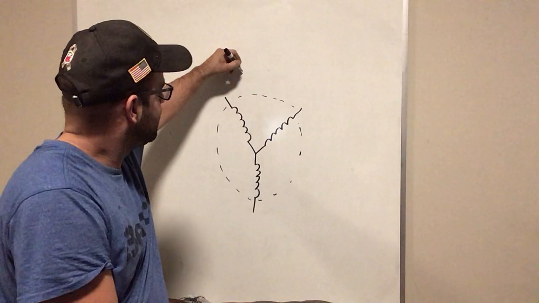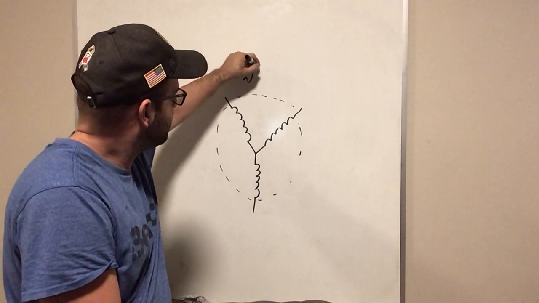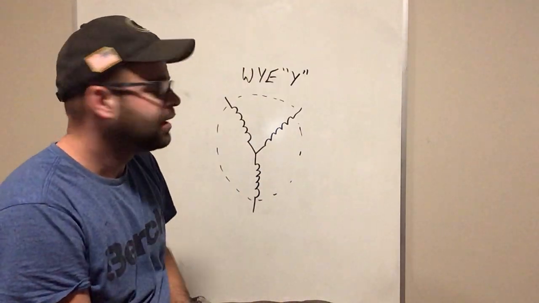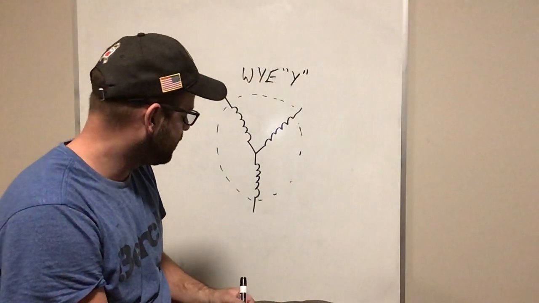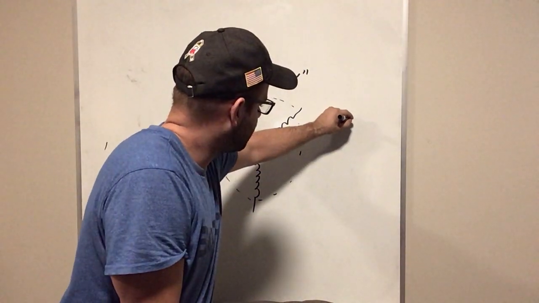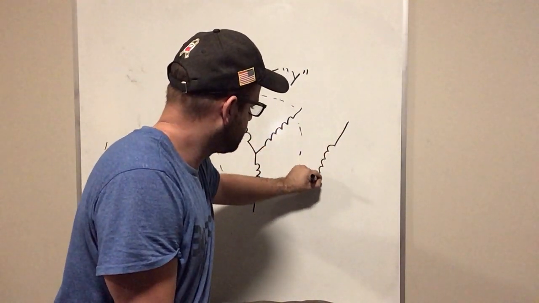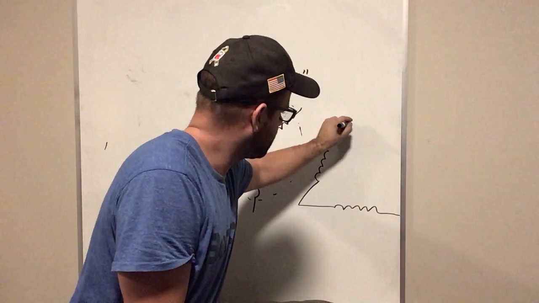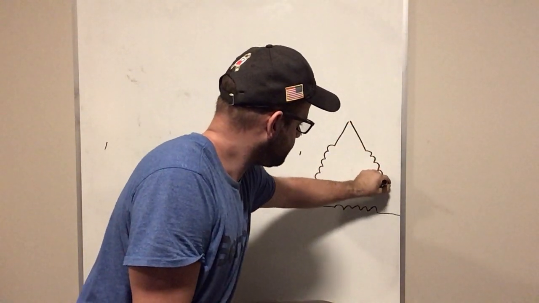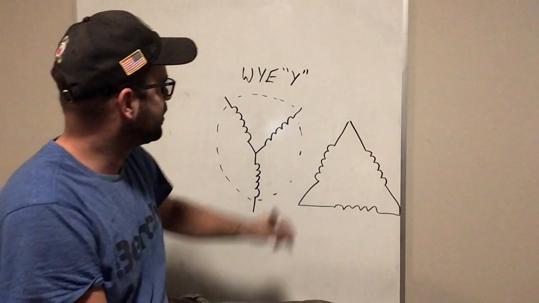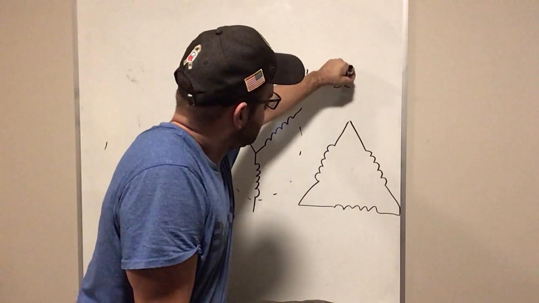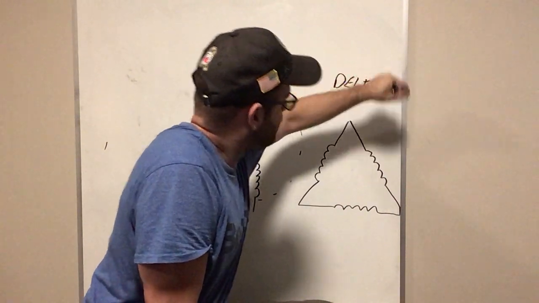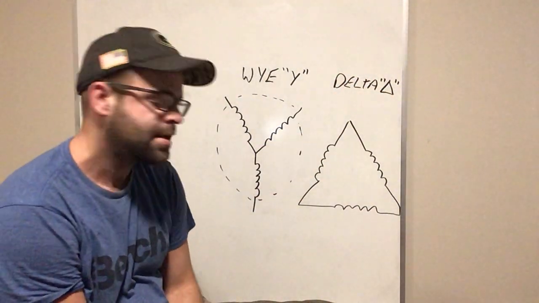So this is a Y configuration, which would look like that, right? And then secondly, we would have a delta configuration, which would look like that. So this is delta, and Y. Okay.